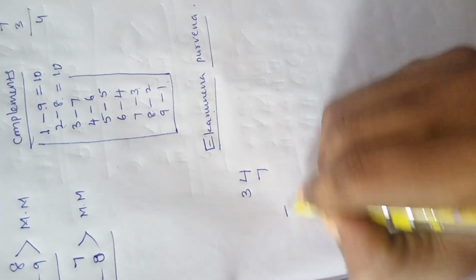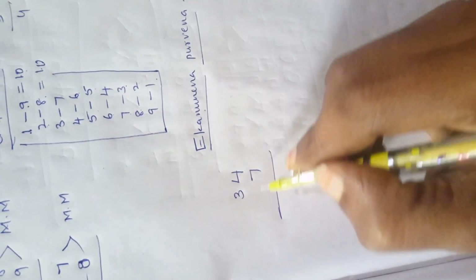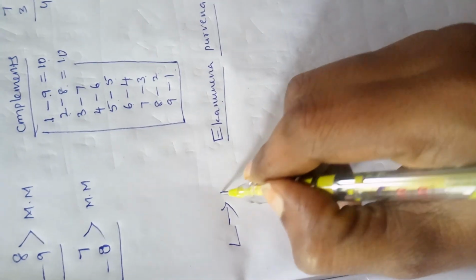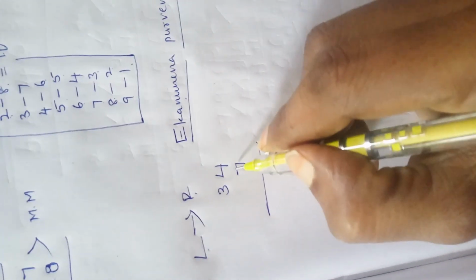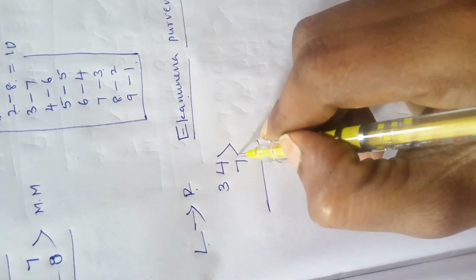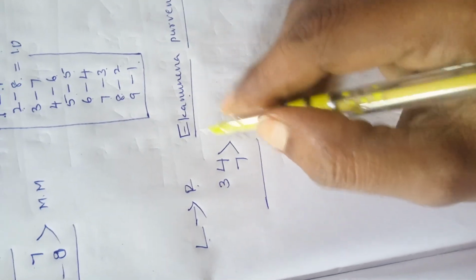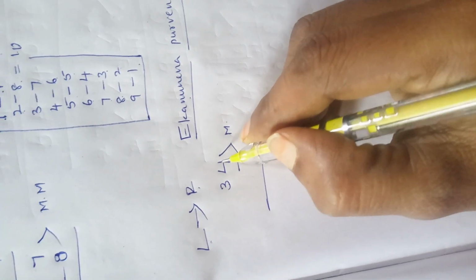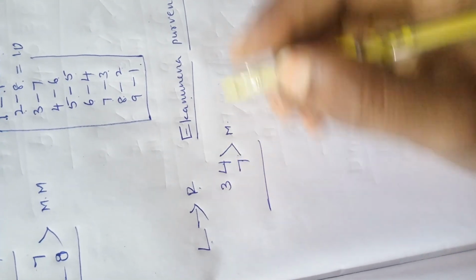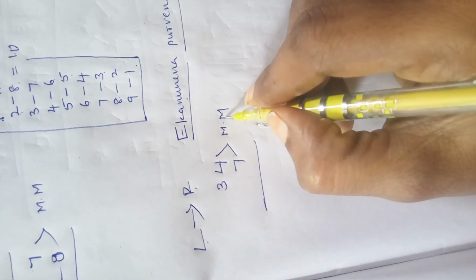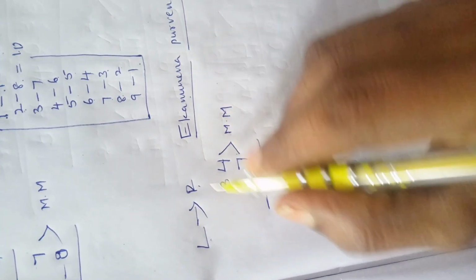34 minus 7. First of all, we have to identify. Sometimes we are doing it left to right. Before going to the subtraction, you have to identify whether this is mismatch or match. We know that this is a mismatch because 7 cannot be subtracted from 4. So in this case you have to do Ekanyunena Purvena.